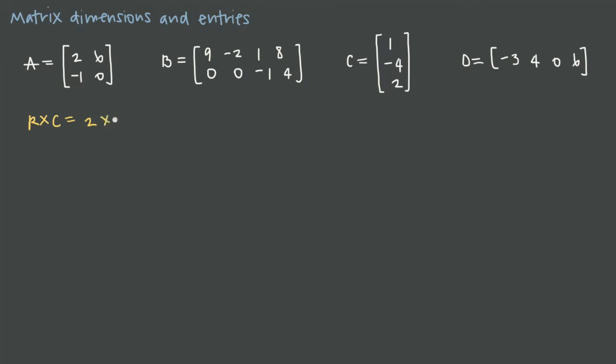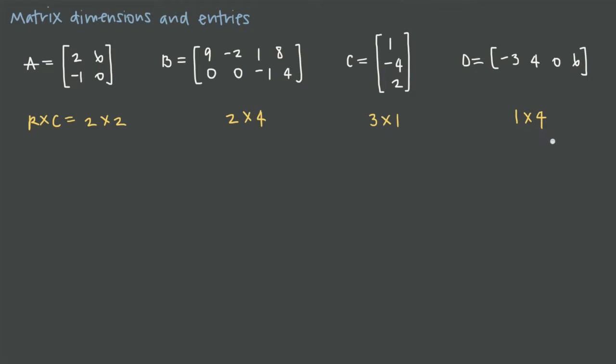So we write the dimensions of matrix A as 2 by 2. Matrix A is a 2 by 2 matrix. Matrix B, on the other hand, has 2 rows and 1, 2, 3, 4 columns. So matrix B is a 2 by 4 matrix. Matrix C has 3 rows and 1 column, so it's a 3 by 1 matrix. And matrix D has 1 row and 4 columns, so it's a 1 by 4 matrix.